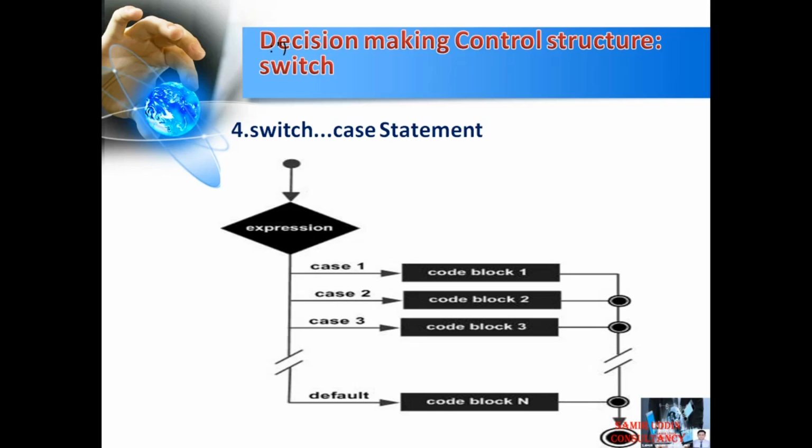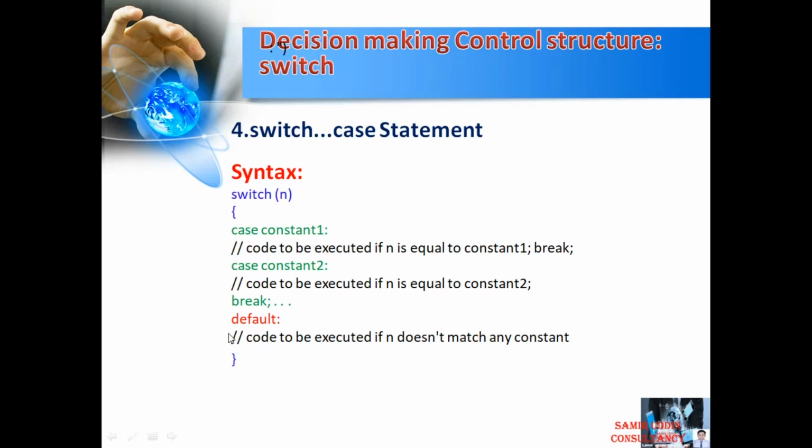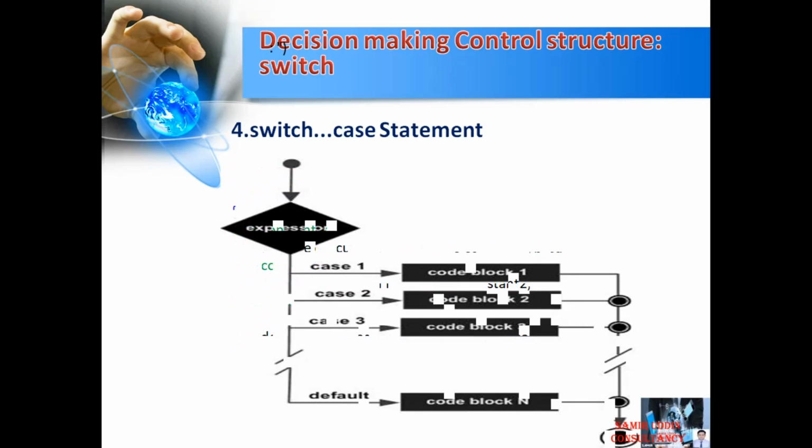Here you can see the break statement also. It is used to terminate a particular case. It will be discussed later in detail. So let's take an example to demonstrate how switch cases can be used.